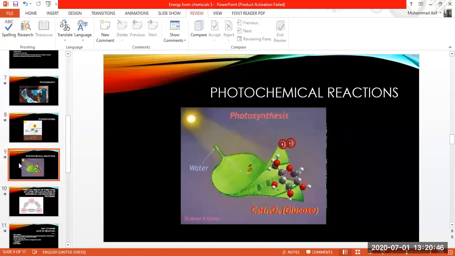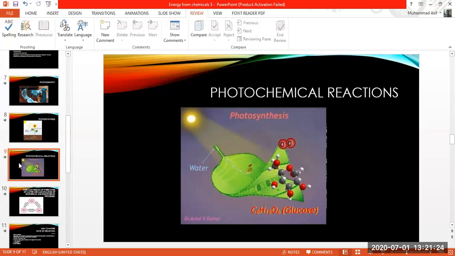Next is photochemical reactions. There are so many processes which take place in the presence of light. Light means either sunlight or light energy from any incandescent lamp. Photosynthesis is also an example of photochemical reaction, but there are so many other processes in which light energy is also used, also absorbed.